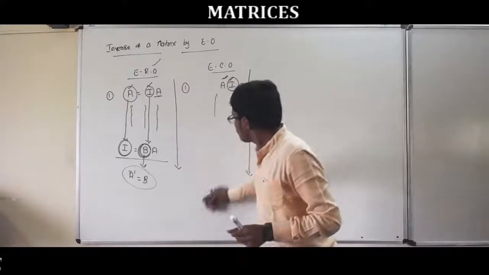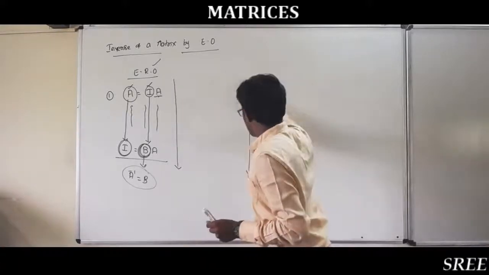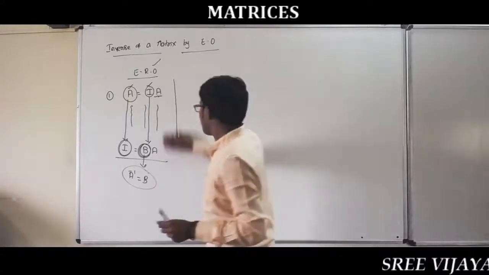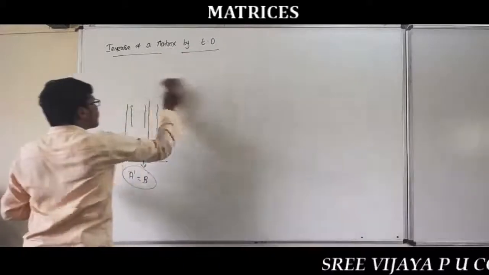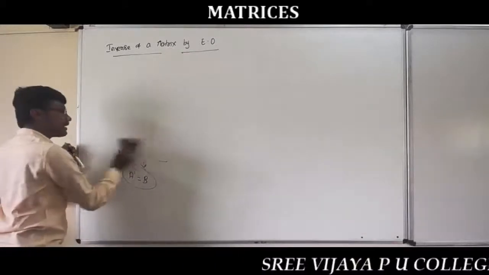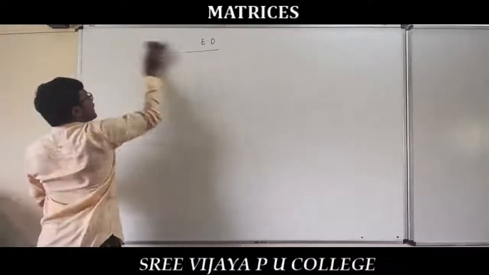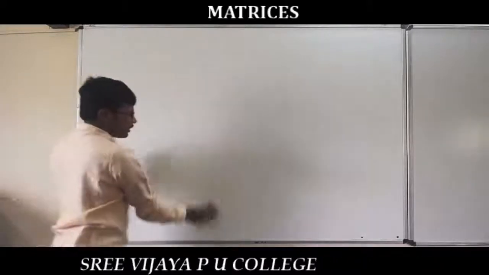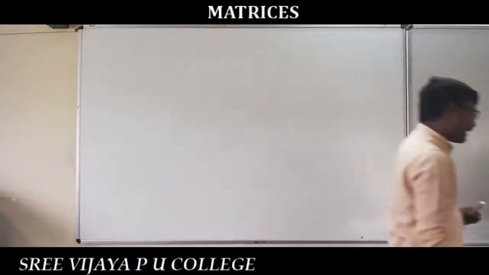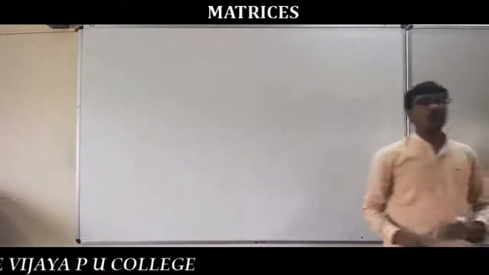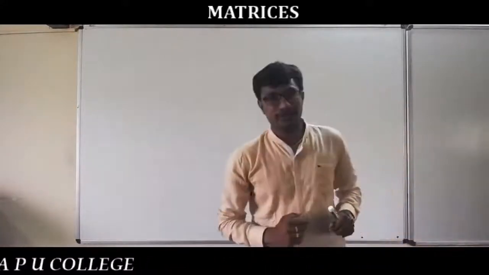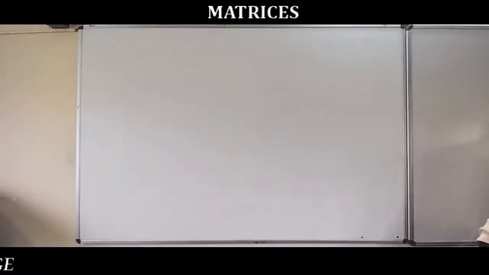Changing of rows, multiplying by a non-zero number to a row, and addition of elements of a row with the corresponding elements of any other row with a non-zero number. Okay. By using these three elementary operations, we can find the inverse of a matrix. Let us discuss some of the problems on the inverse of a matrix.